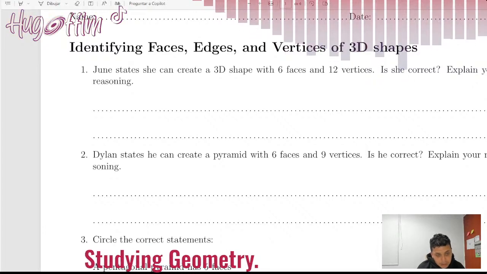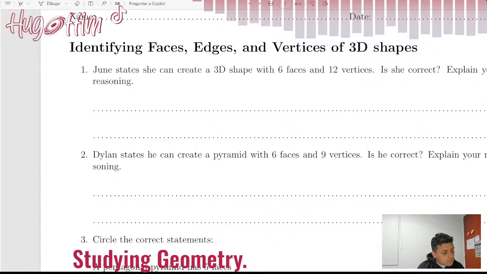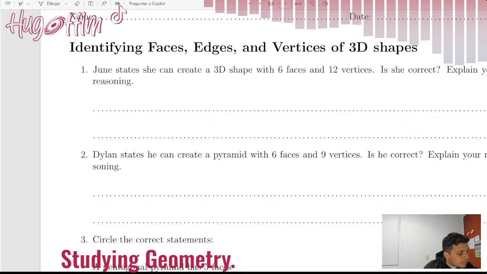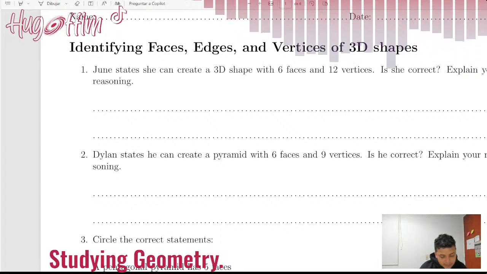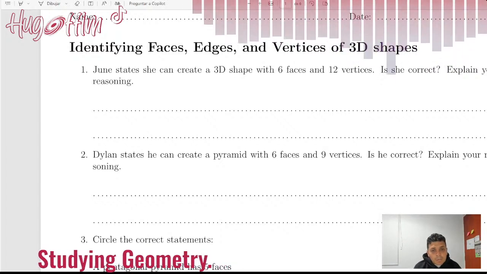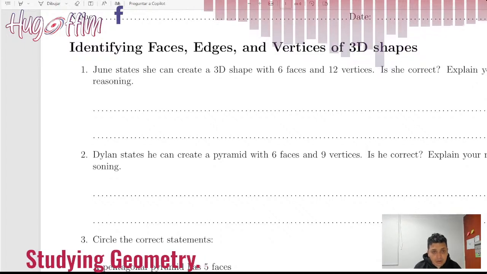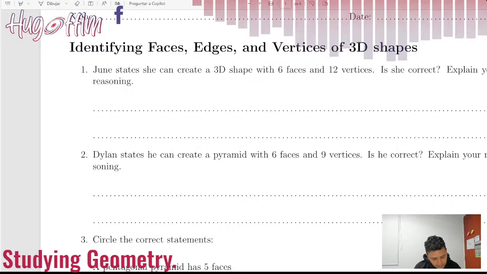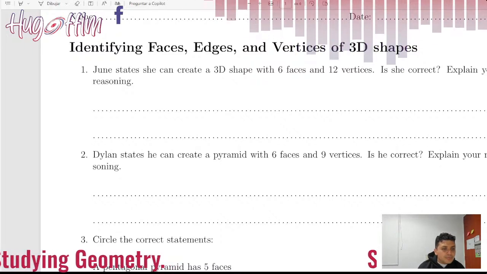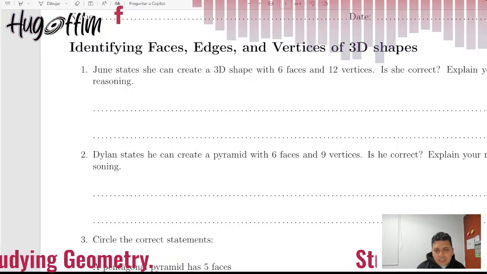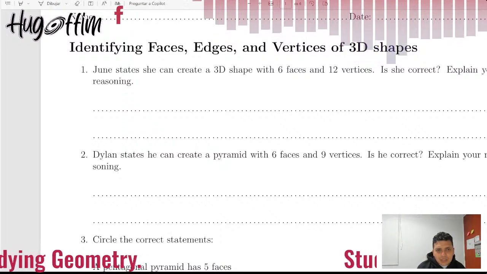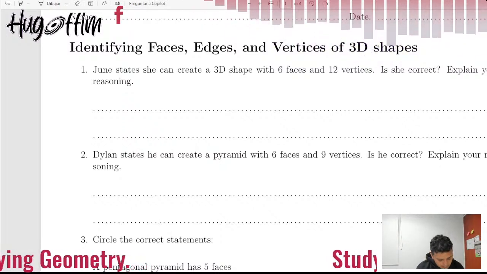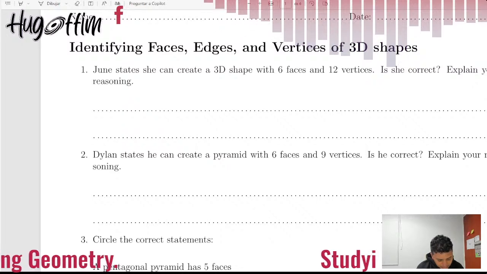Okay, I'm having problems here to write. The first shape that can have 6 faces could be a pyramid or a prism. Any of these two may have the 6 faces. So 6 faces and 12 vertices is going to be, for example, a rectangular prism.